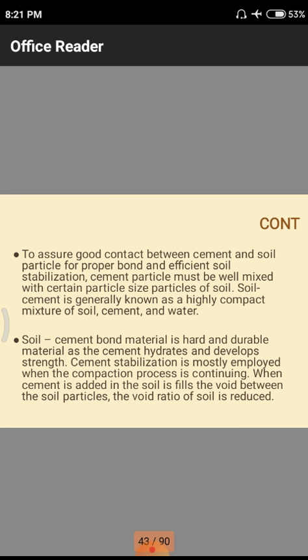Normally cement has different fineness properties, so whenever we are mixing this cement with the soil strata, the first major point we have to observe is the size of the particles. That means here we don't have to consider the size of cement particles, we need to consider the size of the soil profile.